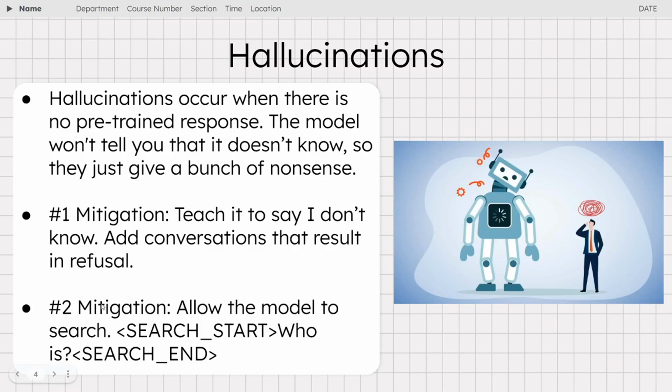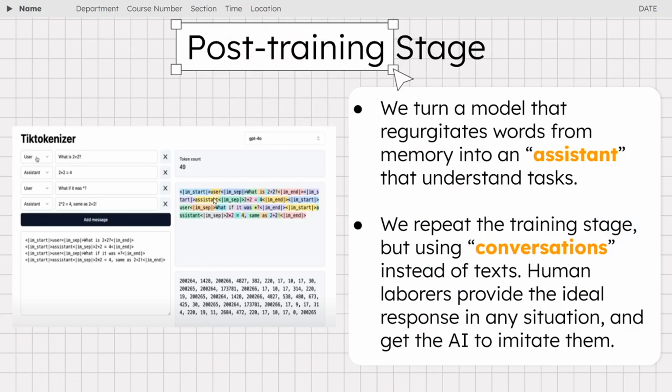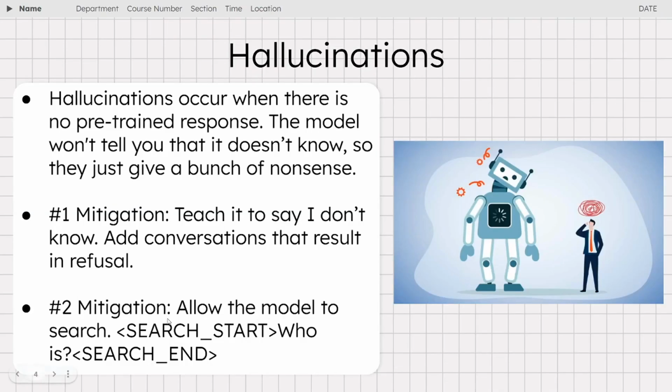The second way that assistants can mitigate hallucinations is by allowing the model to search the web. As we learned before, assistants have special tokens that manage the conversation, like im_start or im_end. There are also other special tokens like search_start and search_end.